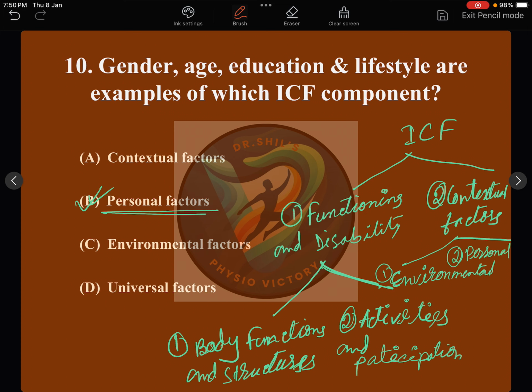In personal factor, there is age, gender, education, and in environmental factor, there is physical environment, social environment, and policies. Body functions and structures are organs and limbs, and in activity and participation, limitations and restrictions occur basically.